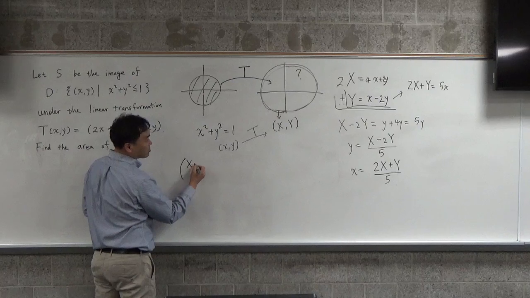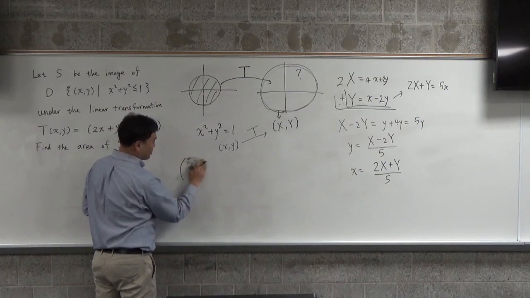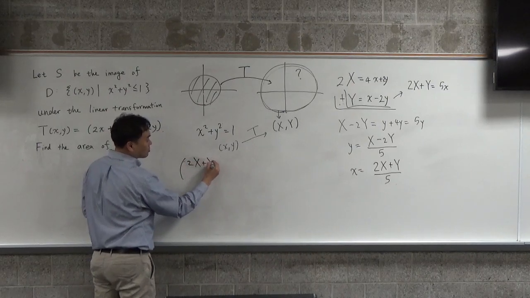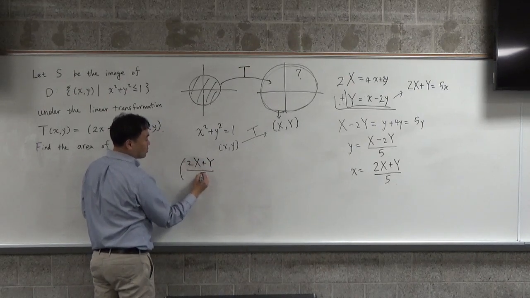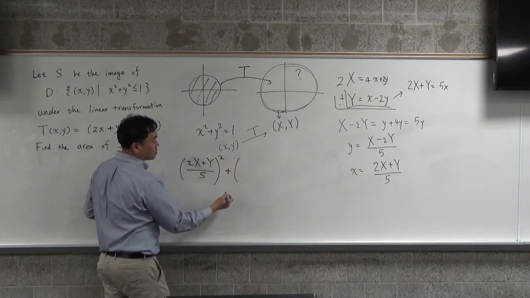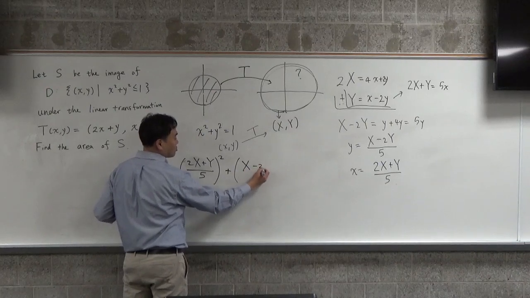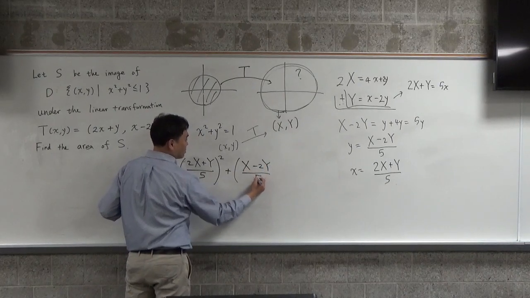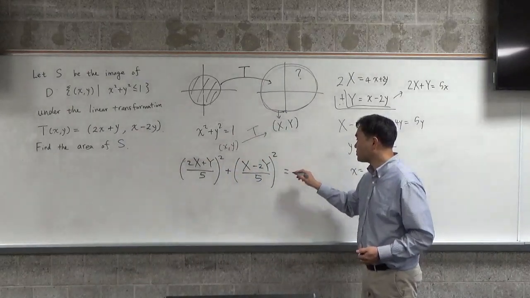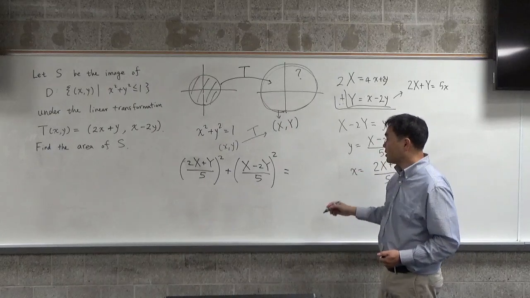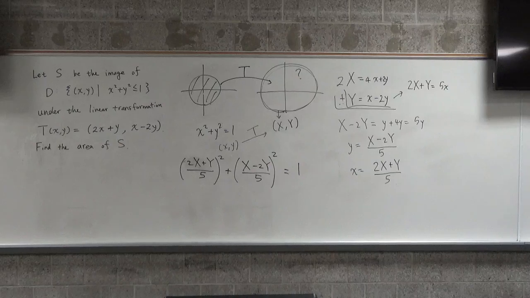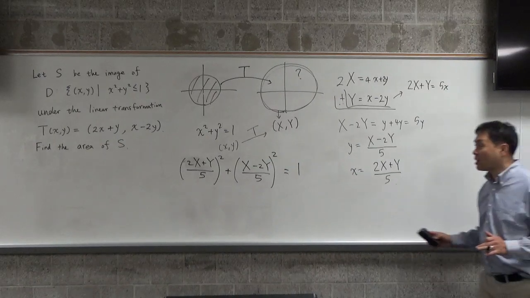It's 2X plus capital Y over 5 squared plus capital X minus 2 capital Y over 5 squared, okay? And then that's equal to 1. Everyone okay with this?